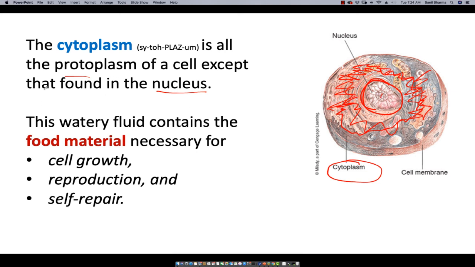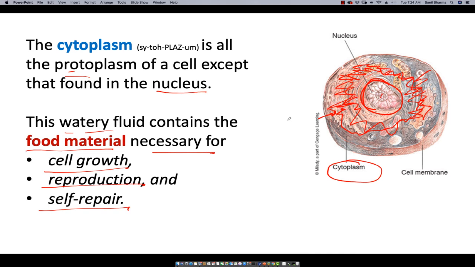But let's read this. That is the protoplasm of the cell, except that found in the nucleus. This watery fluid contains the food material necessary for cell growth, reproduction, and self-repair. And so what's happening in the cytoplasm, we have all the proteins that the cell has ingested. How did the cell get that? Because we ate.